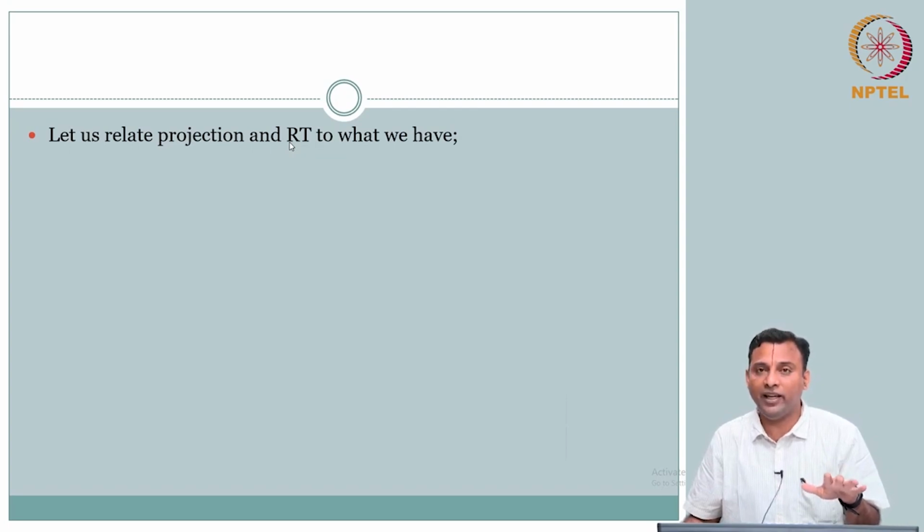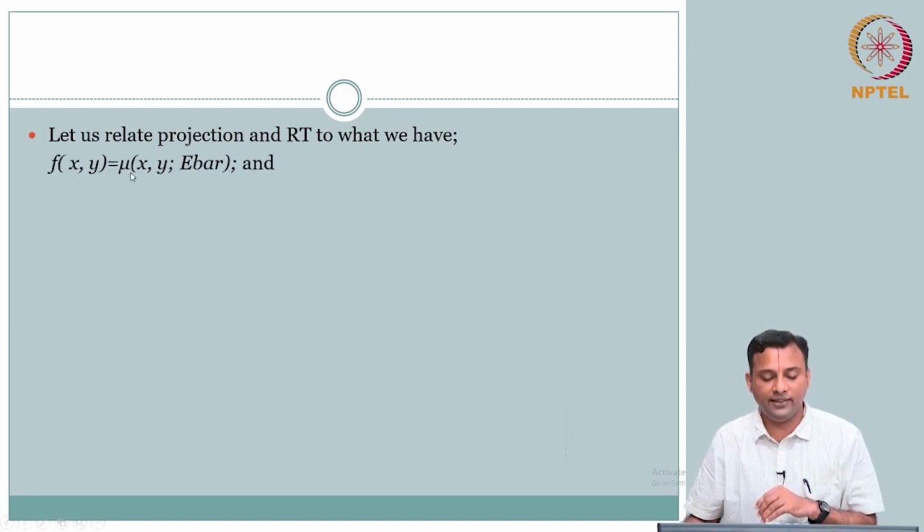Let us now see why that radon transform idea is applicable to the CT problem proposition. So, f of x comma y is your mu of x comma y. You can see that in our context we have mu of x comma y, which is similar to the f of x comma y that was shown.